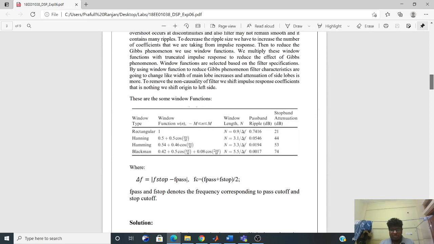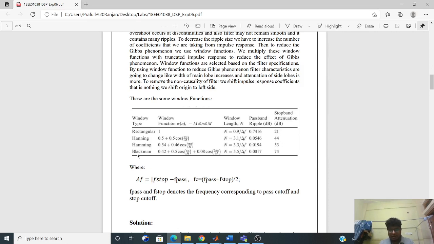Now let's move to the types of windowing function, like rectangular, where the window function is one, and Hanning, which is 0.5 times something like this. Our given specification has a stop band attenuation of 50 dB, so we will use the Hamming window, which is very near to this.